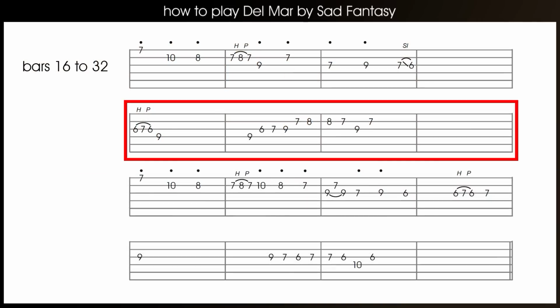Moving on to the second line, you'll notice that there's no staccato played in this line whatsoever, so you play all the notes normally. But you will also notice that this line is based in the 6th fret position.